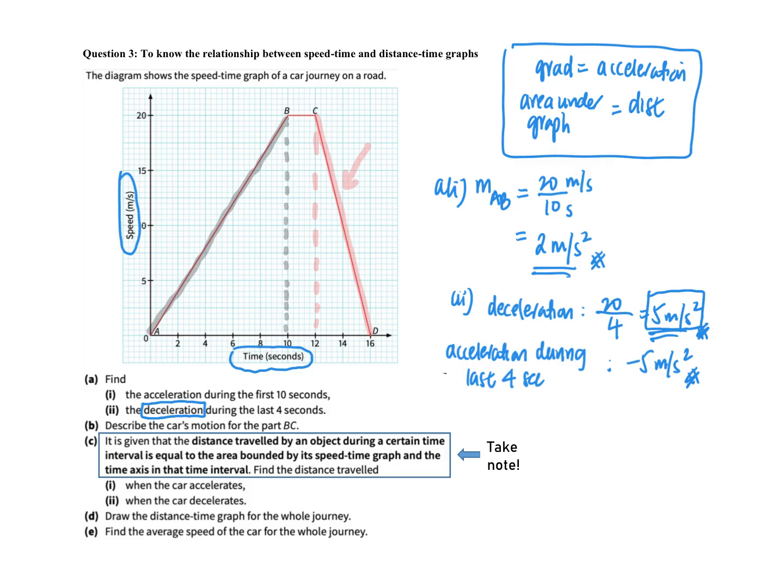Okay, this whole chunk of words is just telling you that distance is area under graph. Distance is area under graph, which is what I've written here. So part 1 says, can you find the distance traveled when the car accelerates? So the car accelerates at this point only.